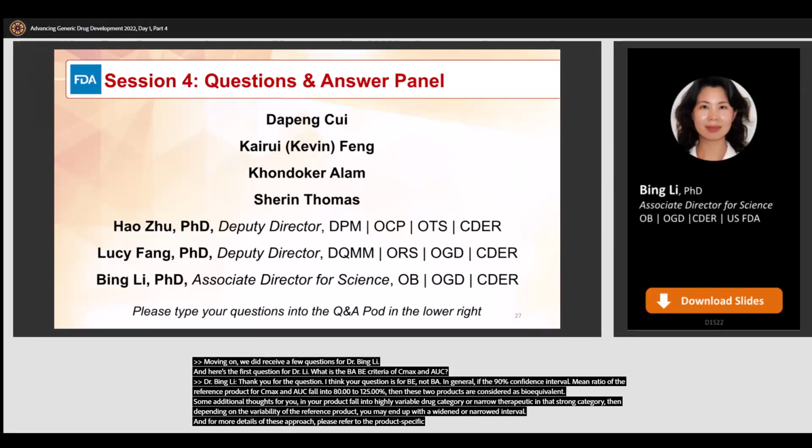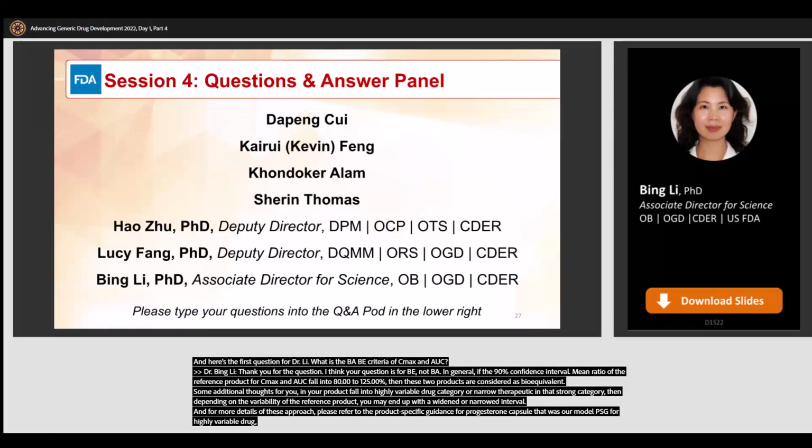That was our model PSG for highly variable drug, and the product-specific guidance for warfarin. That is our model PSG for NTI drug product, which contains a stepwise procedure for statistical analysis, SAS code, etc. for these types of products. Thank you.